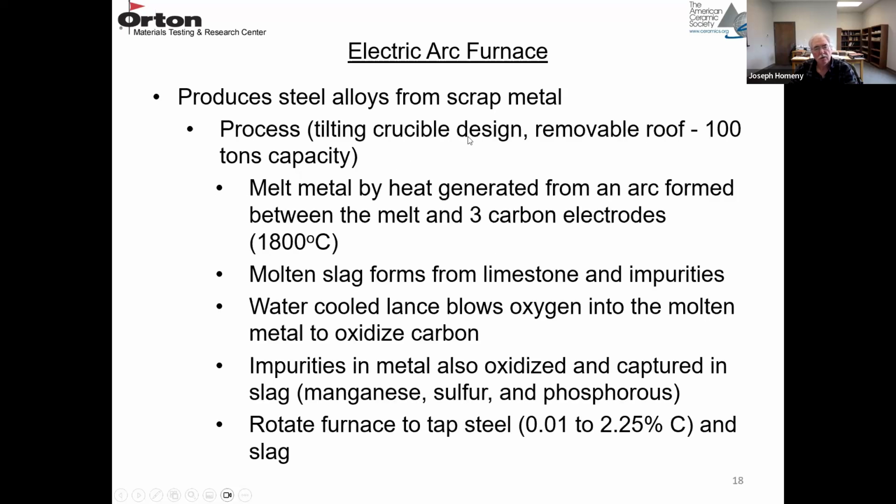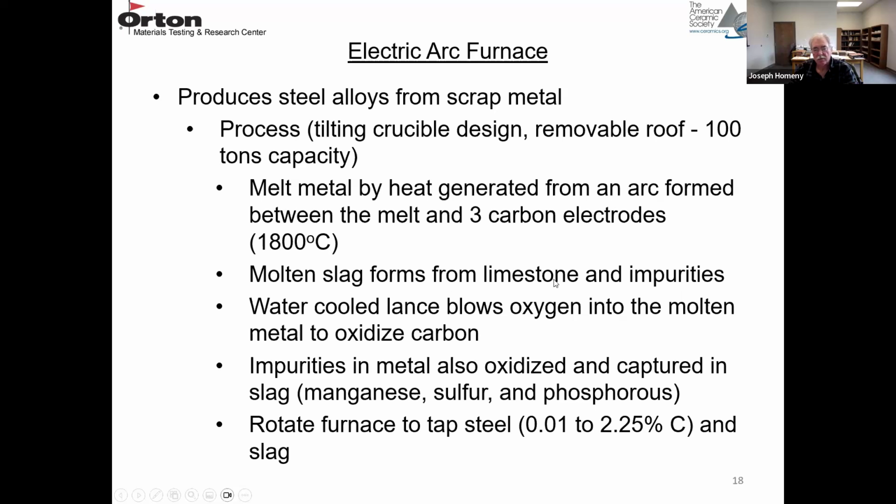So this is a crucible, but it tilts, and it also has a removable roof, and they can be quite large, up to 100 tons capacity. So the heat is generated by 3 carbon electrodes, and you strike an arc between these electrodes, melt the scrap metal, and the temperatures reach about 1800 degrees C.